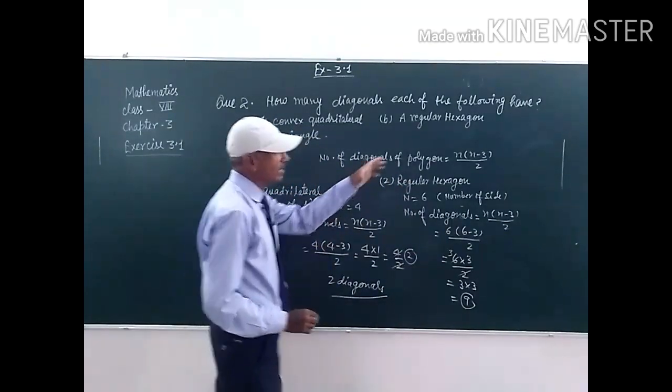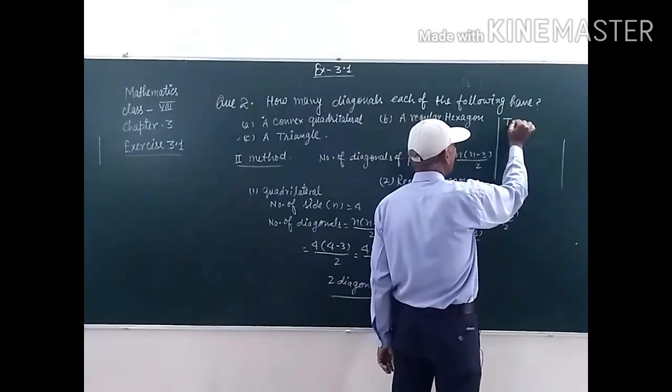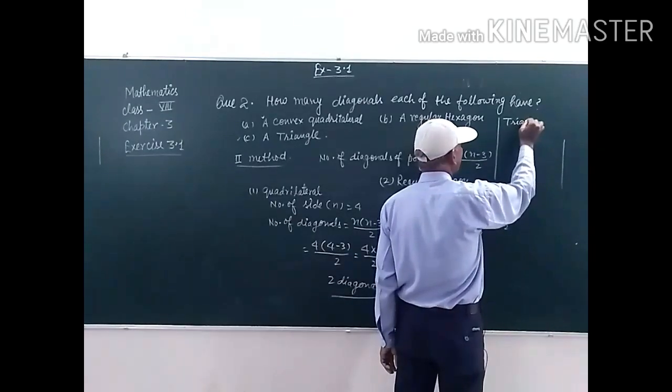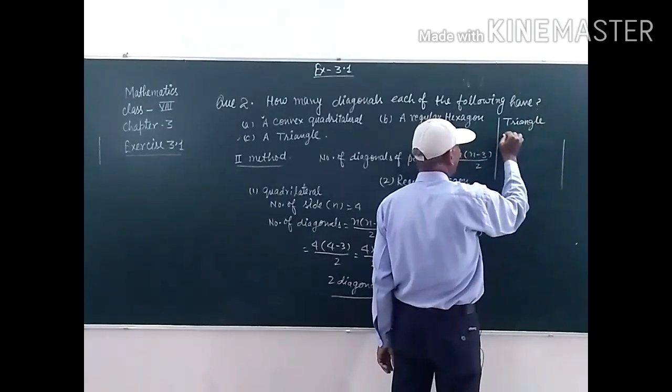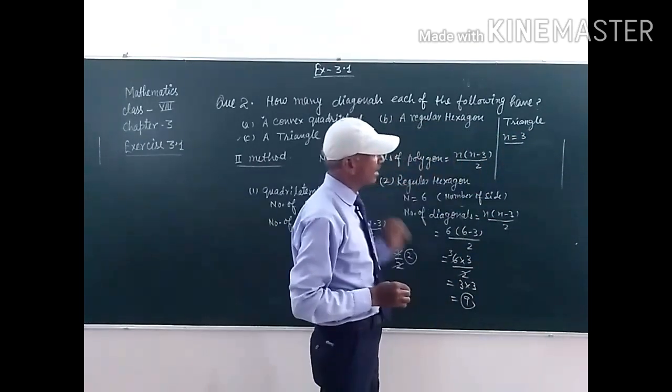And the next figure is a triangle, student. In a triangle, n is equal to 3, meaning the number of sides is 3 here, student.